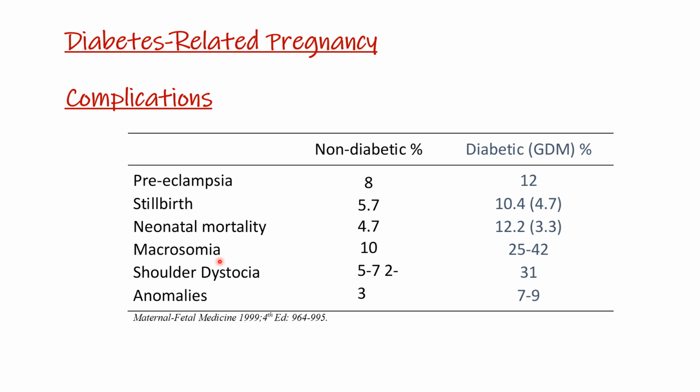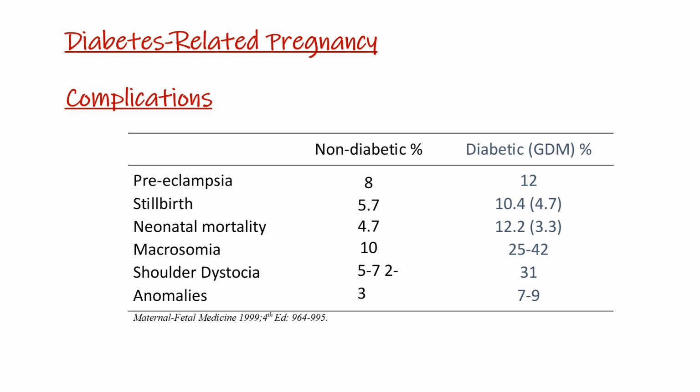When you have hyperglycemia, it is transferred through the placenta into the fetus, meaning the fetus will grow and produce more insulin, producing fat, so we have a big baby. Shoulder dystocia is a complication during labor, and then anomalies occur in 7 to 9%. Kindly note, anomalies are more common in pre-existing diabetes mellitus compared to gestational diabetes mellitus.